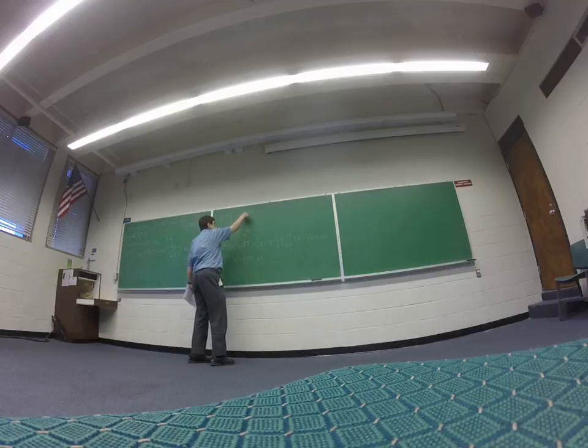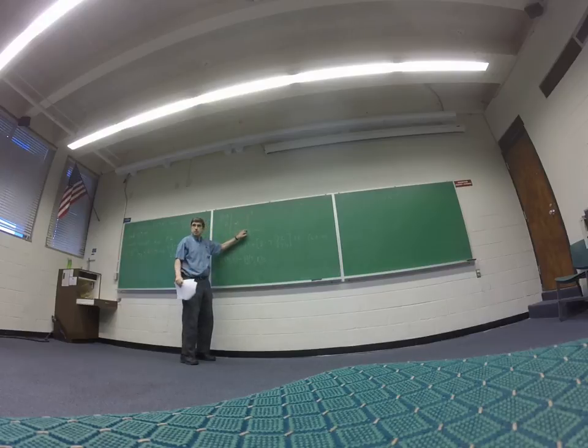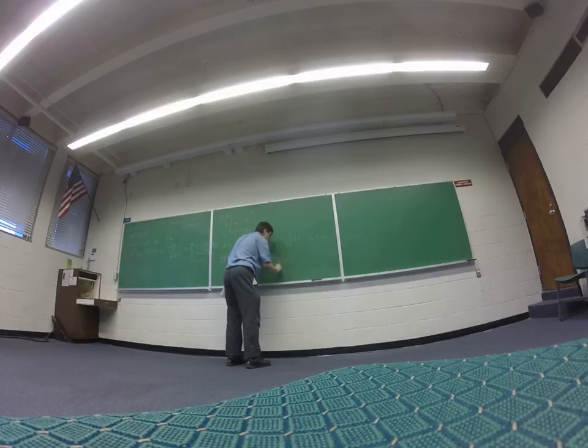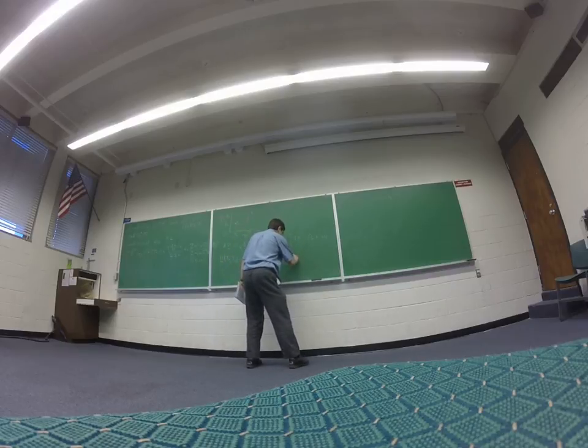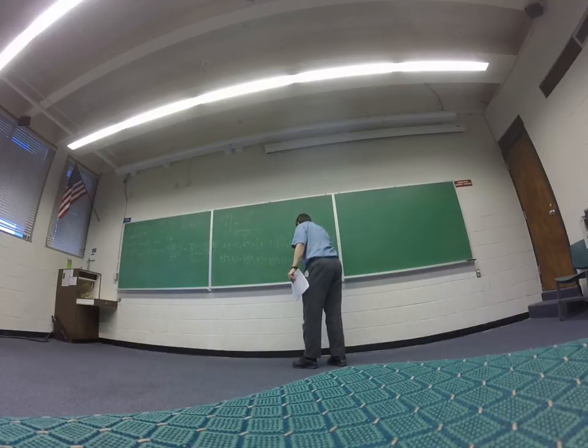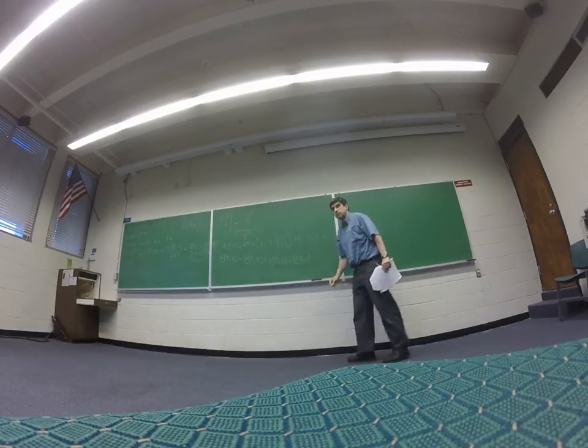The total change in H can be rewritten as the change from here to here, plus the change from here to here, plus the change from here to here. So I can rewrite that as H at T2, P2, minus H at T2, comma 0.